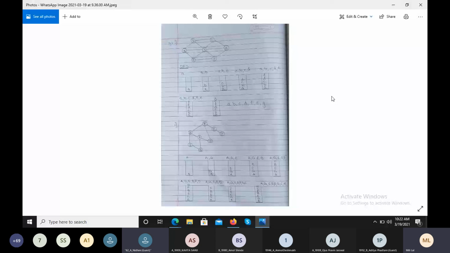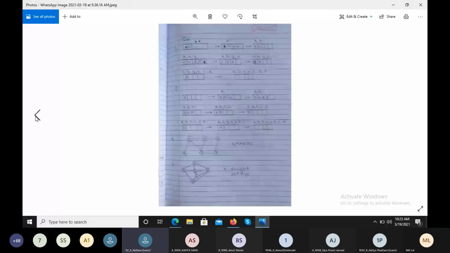What about the next question? Show the BFS one. Yes, ma'am. In BFS, we use a queue data structure. We enter the first vertex as A, and then it is printed out. Then we enter its adjacent vertices, the ones connected to it.